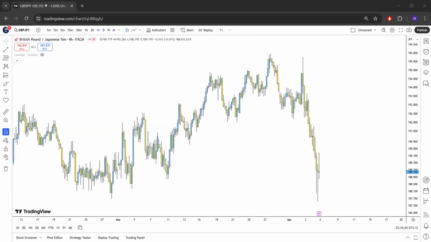So essentially, when the markets are risk on, people pile into pound yen and stocks, sorry, not bonds. When fear kicks in, investors run to safety, which is your Japanese yen and bonds, right?